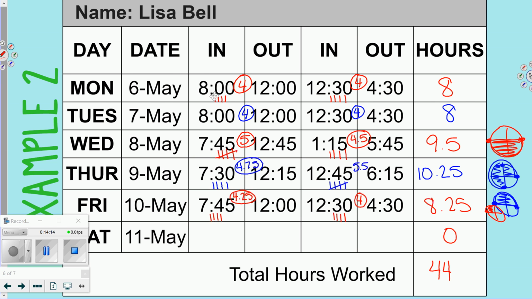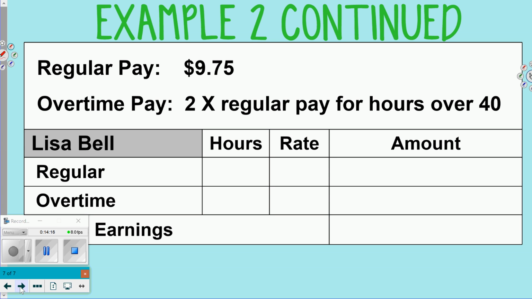All right, moving on to do our calculating then. Again, if you've not already tried this part on your own, hit pause, try this on your own. All right, so I know 40 hours is my normal regular work week. Anything over 40 is overtime, and I had 44 hours, so 4 of them were more than I needed to work.